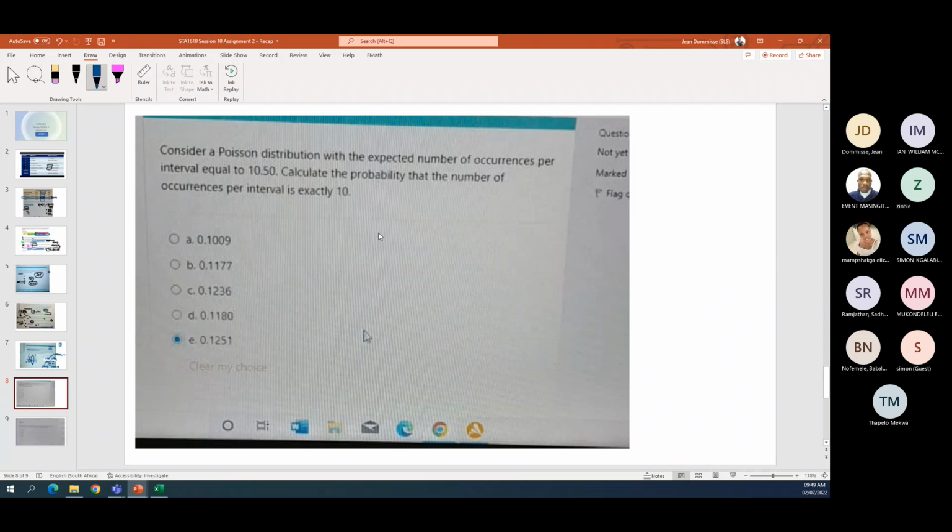Poisson with 10.5 was not on the table. The scary thing that I saw here is that those two are very close.